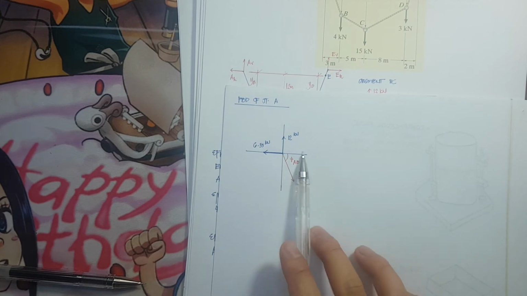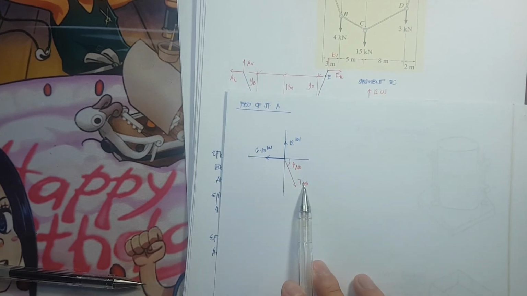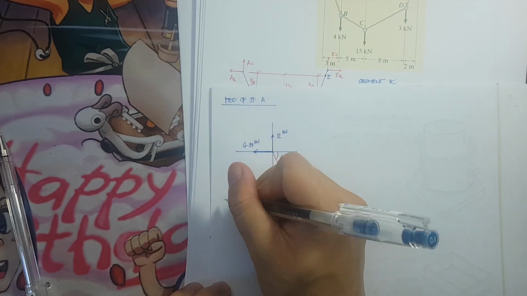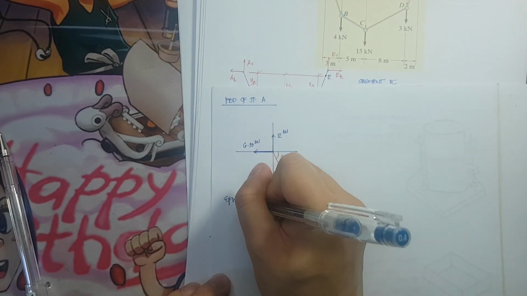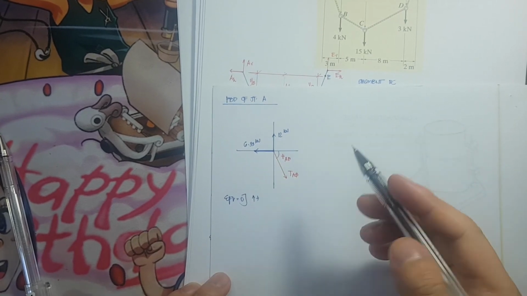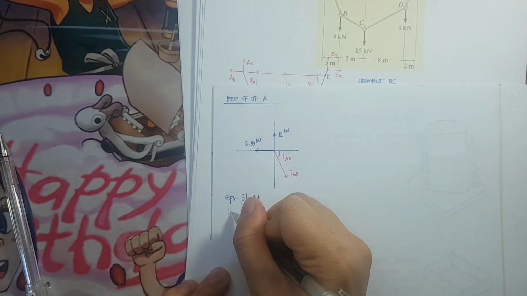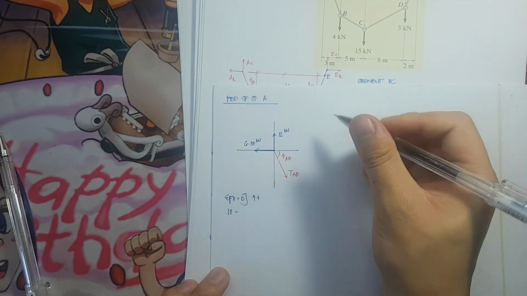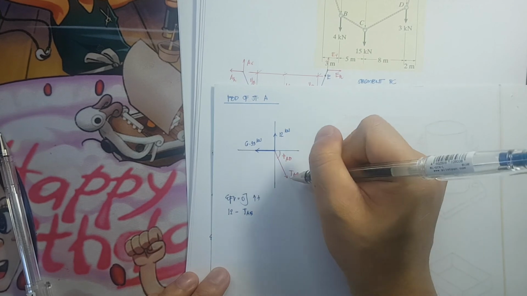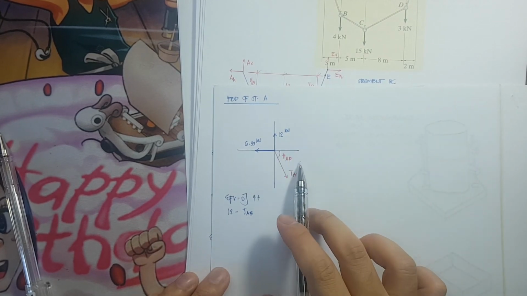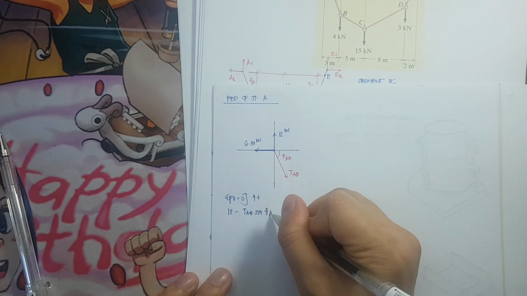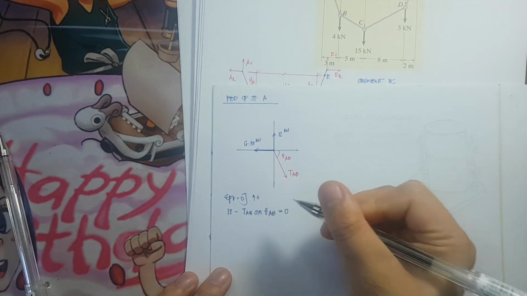I'll be having two unknowns here, tension AB and theta AB. Summation of forces vertical is equivalent to 0. All forces pointing upward should be positive. So I have here 12 minus TAB, and for the vertical, it would be the sine function, opposite over hypotenuse. So that is sine theta AB, equivalent to 0.